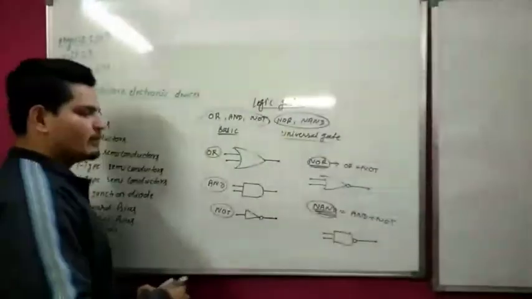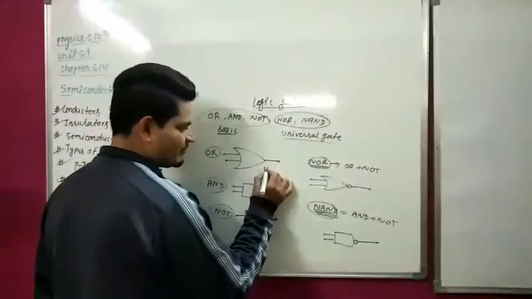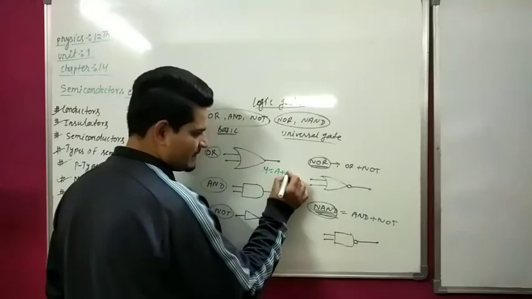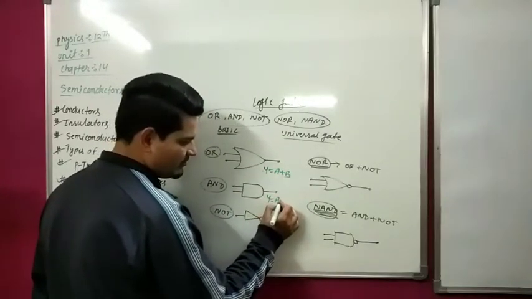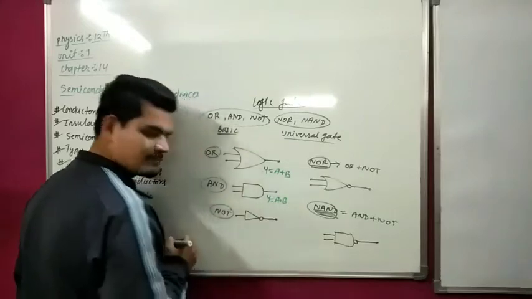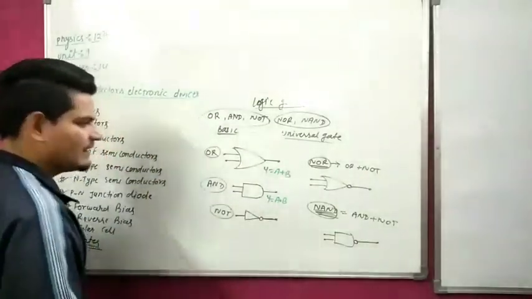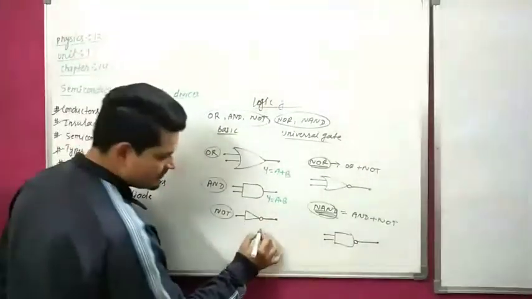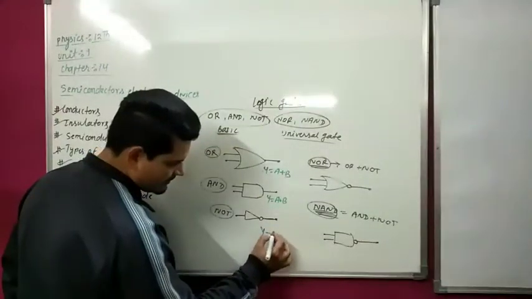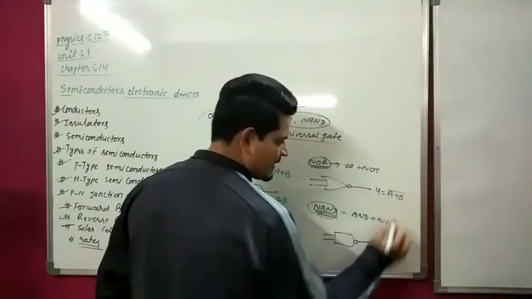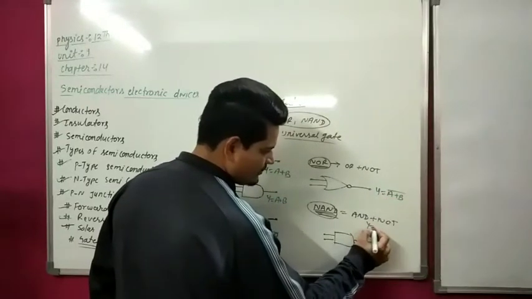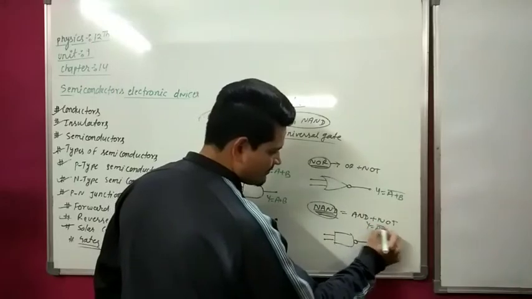So the OR gate works on the principle of y equals a plus b. This works on the principle of a dot b. This is the Boolean expression of the gate. For the NOR gate, y equals (a plus b) bar. For the NAND gate, y equals (a into b) bar.